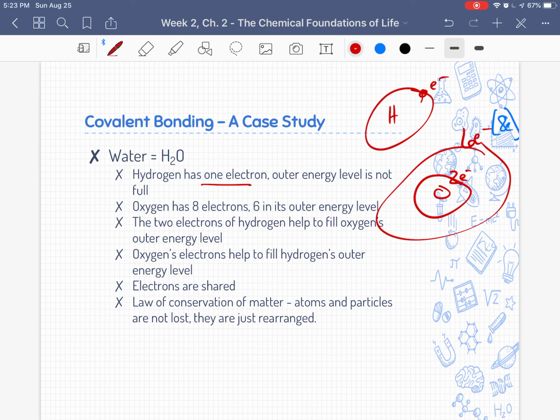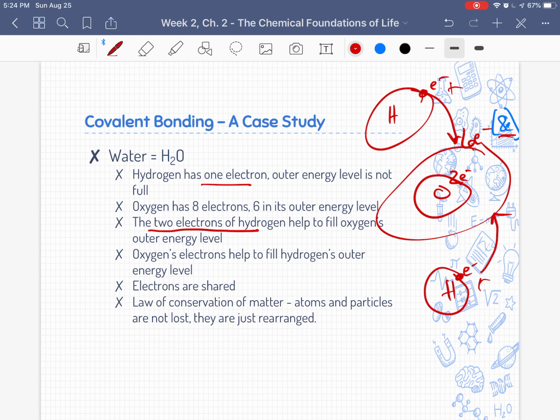So we have an unfilled valence electron level here. So the electrons of hydrogen fill the oxygen's valence level right there. So oxygen gets +1, +1, and we get to 8.